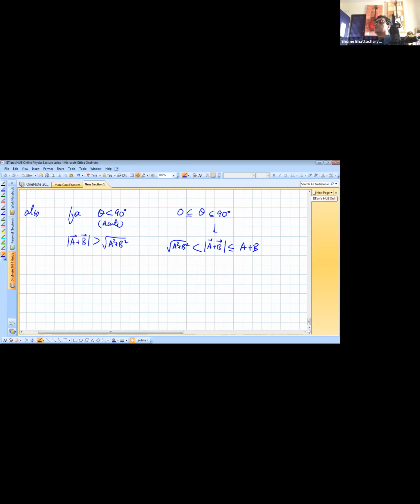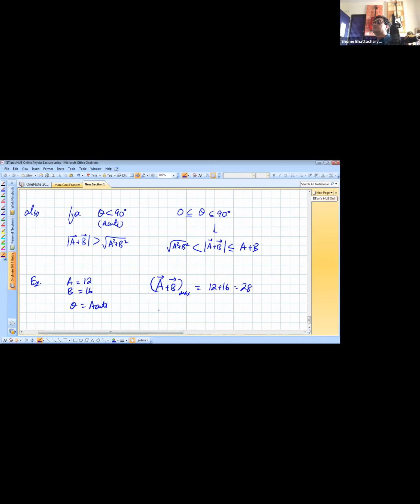So for example, if we had mod A equal to 12 and mod B equal to 16 and theta is acute, then mod A plus B's maximum possible value will become how much? It will become 12 plus 16, or 28.